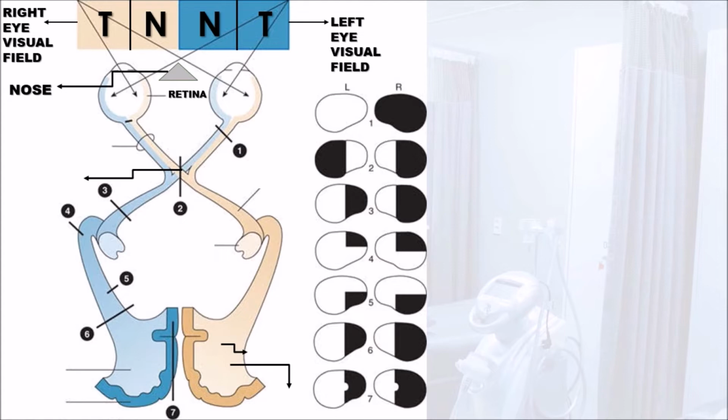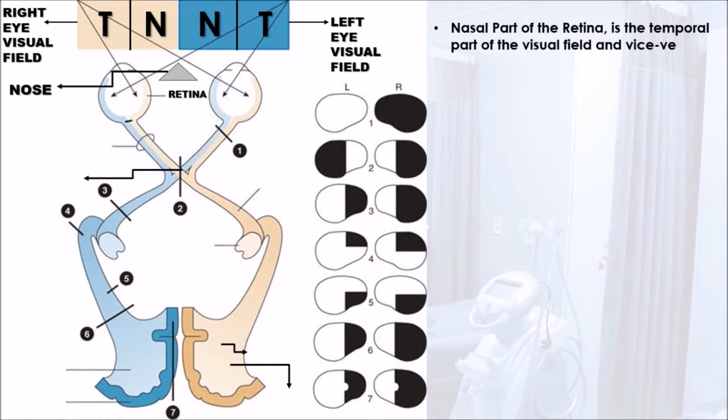So, unlike a direct representation, the nasal part of the retina is the temporal part of the visual field, and the temporal part of the retina is the nasal part of the visual field. Just have it in your mind that whatever you see on the visual field is going to be an inverted image on the retina.